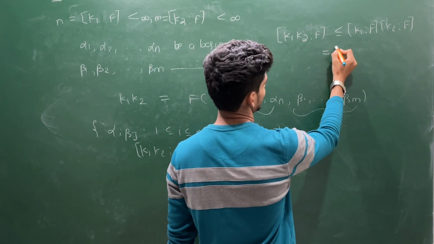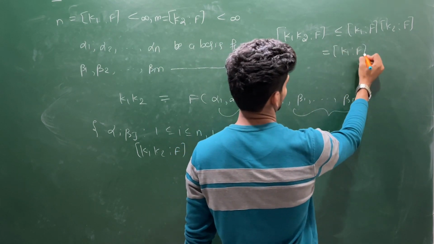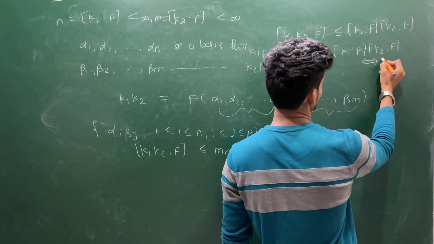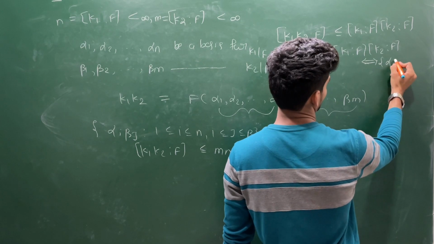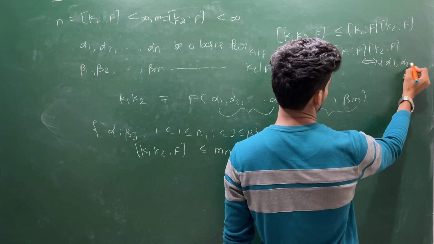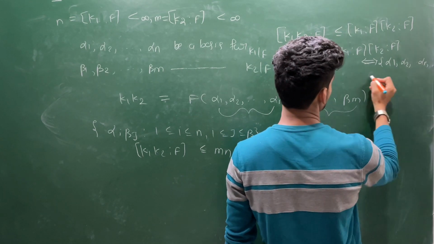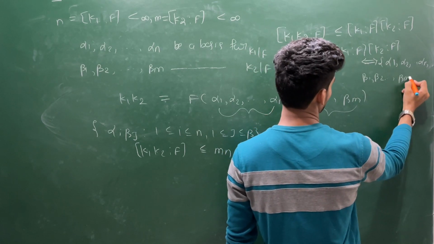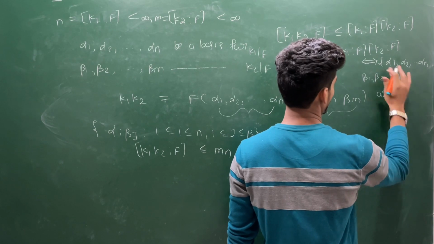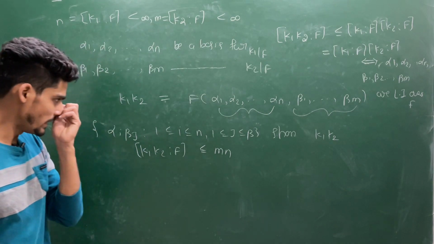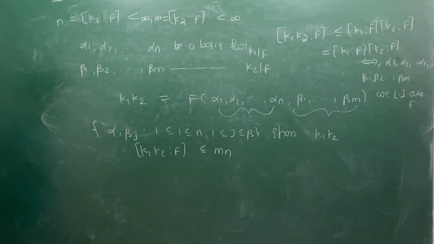And this equality occurs if and only if alpha 1, alpha 2, alpha n, beta 1, beta 2, up to beta m are linearly independent over F. Then I can have the equality.